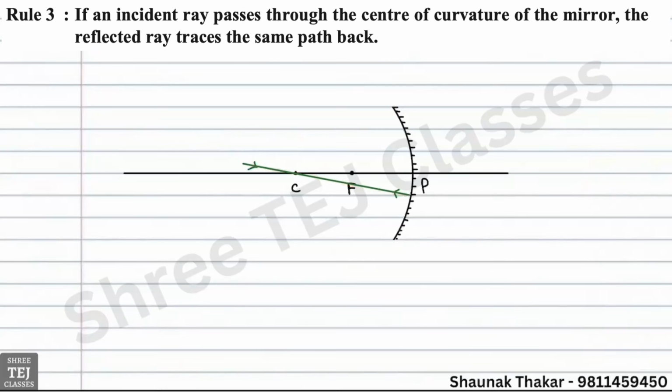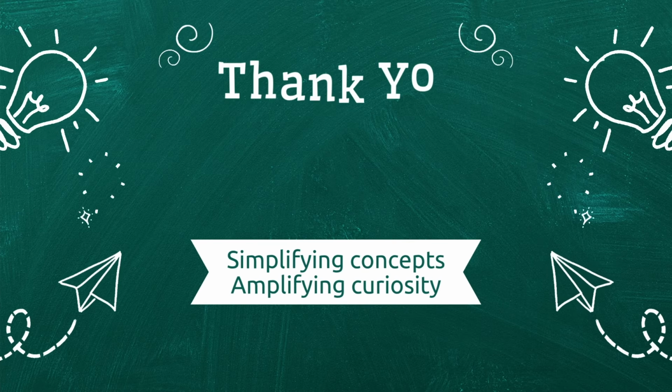It will retrace its path. It will go back along the same path and pass through the center of curvature. So the incident ray and reflected ray coincide with one another. The reflected ray traces back the same path.